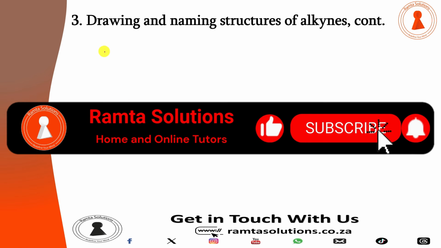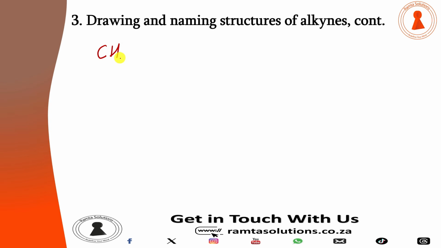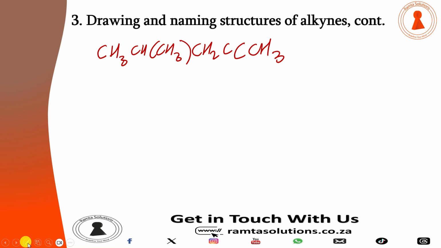Now, let's play a bit. I'm going to draw a condensed structural formula: CH3, CH, CH3, CH2, C, C, CH3. With the CC, it means this is a triple bond here. When we start numbering, remember, you start numbering with the end nearest the triple bond.